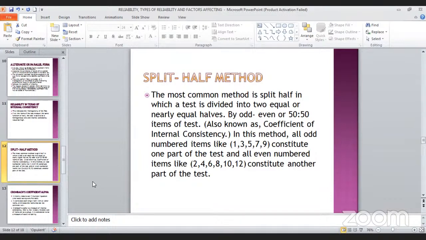Therefore we should not use that technique there. But in the case of a unidimensional test, one that measures a single trait, we can follow this split-half technique. Now, next.